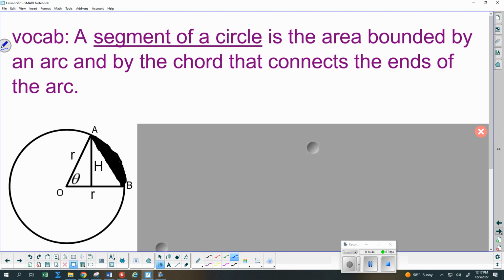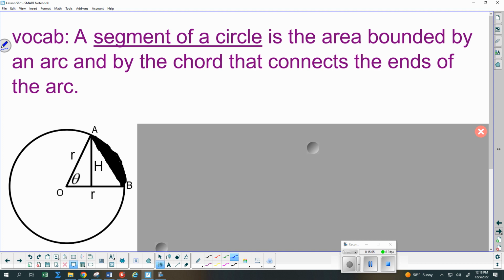So if we want to talk about a segment of a circle, it's like the shaded part that I drew right there. You take 2 points on the circle and you draw the chord that goes between them, and then you shade the little piece of the crust in between that line and the circle.